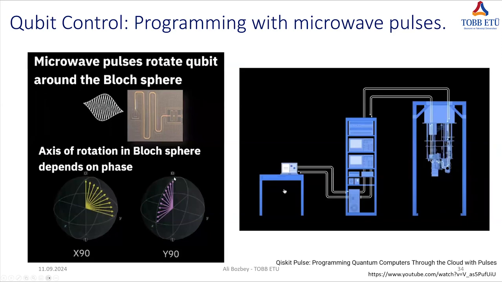Or if you want to rotate on the Bloch sphere about the y-axis by 90 degrees, you apply another pulse with different specifications. So the gate operation on the superconducting qubit actually means applying the correct pulses to the correct qubits.